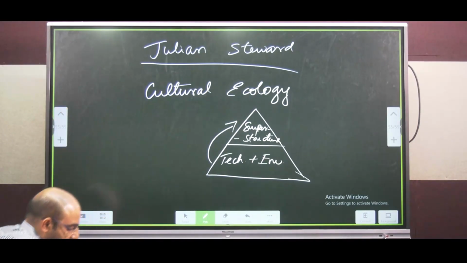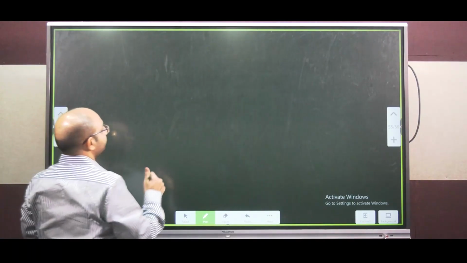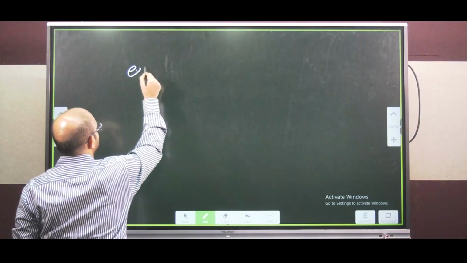So his hypothesis is that societies that resemble one another in terms of technological level and environmental features will also be similar to each other in all the other aspects of culture. So if two societies have the same technology, same environment, then they will also be similar in all the other aspects of culture. That is his thesis. Then what are the examples he gives?